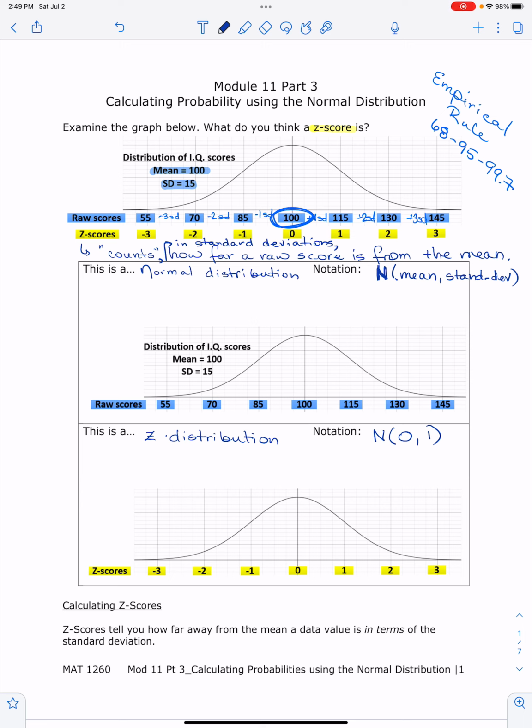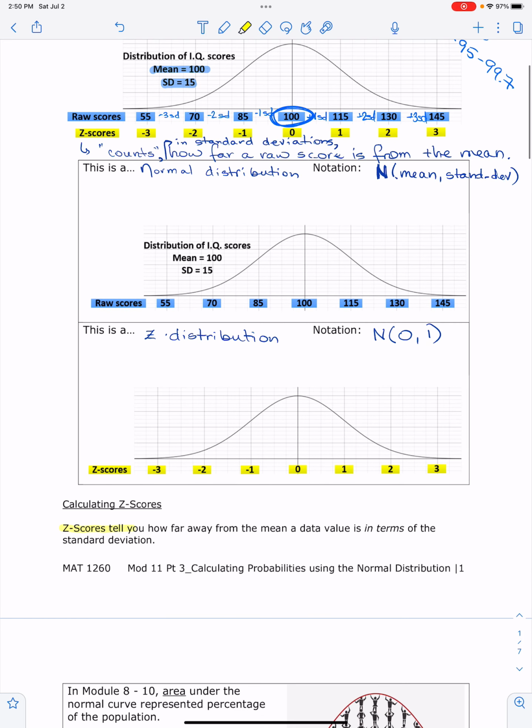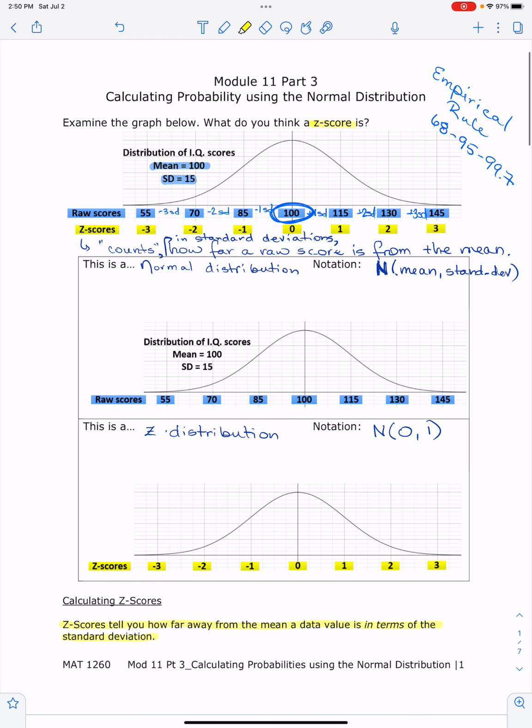Okay, so notice how these are lined up. That mean is 100. My standard deviation is 15. If I have it written this way, N(0, 1), I know it has been standardized. Okay. So a z-score, and let's highlight this one more time, tells you how far away from the mean a data value is in terms of the standard deviation.